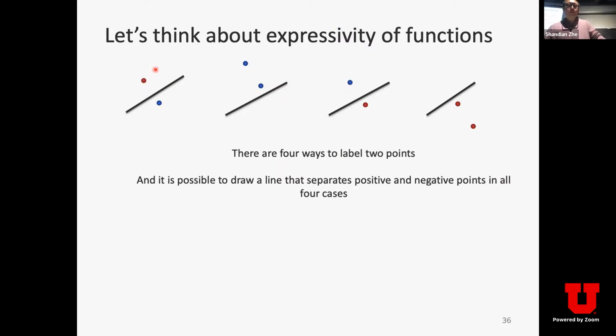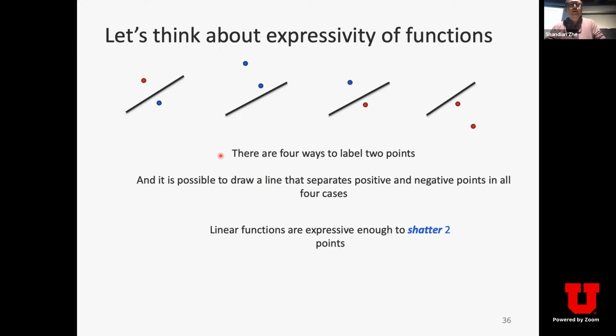You can see that these 4 figures represent 4 labeling schemes, and for each labeling scheme, you can find one linear classifier which correctly predicts every label. In this case, we claim that our linear functions, this family of functions or hypothesis space, are expressive enough to shatter 2 points.